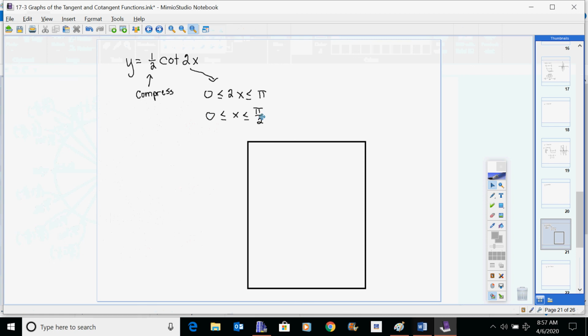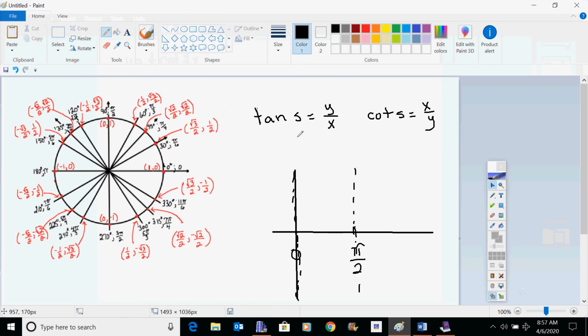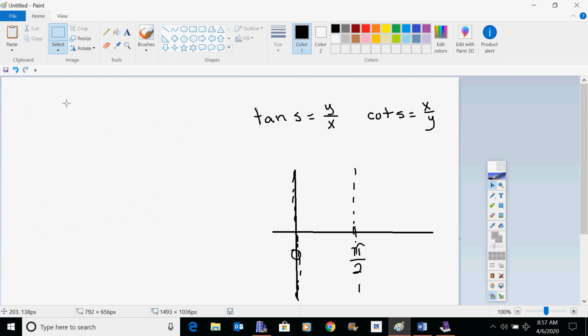Okay, so 0 plus pi over 2 times a half. I'm finding 0 plus pi over 2 times a half.